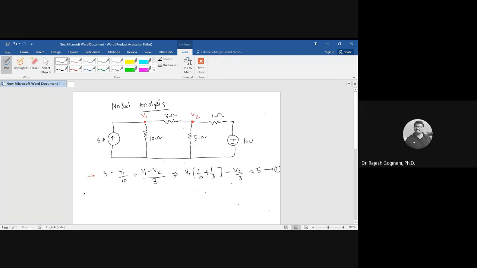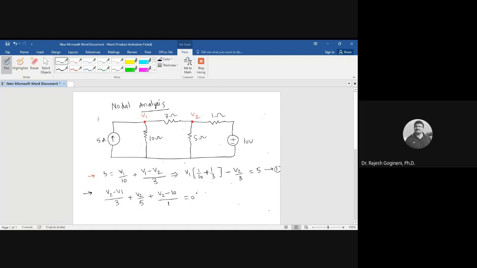Next, write KCL at the second node. V2 minus V1 by 3, plus V2 by 5, plus V2 minus 10 volts by 1. No, see, the 10 is not a resistor, 10 volts is the voltage source. V2 minus 10 volts by 1, that is a voltage source, not a resistor, right?